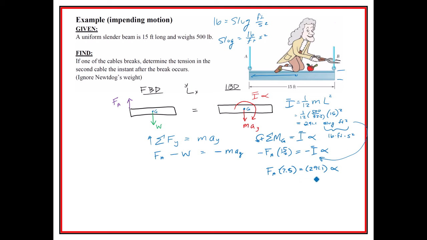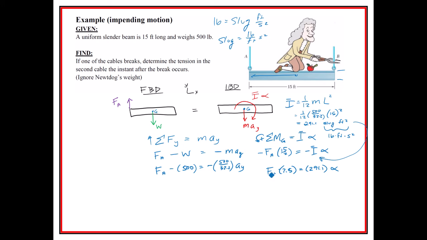All right, so here's an equation, and we could plug this back over into here. Let's see, we could put in the numbers: FA minus 500 is equal to minus 500 divided by 32.2, and then times IA.